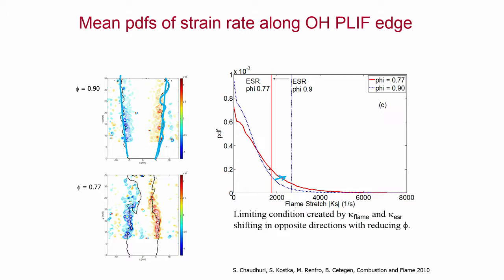But as the flame speed reduces, to balance with the local normal velocity, the flame angle reduces, and you see the flame is much more columnar now.